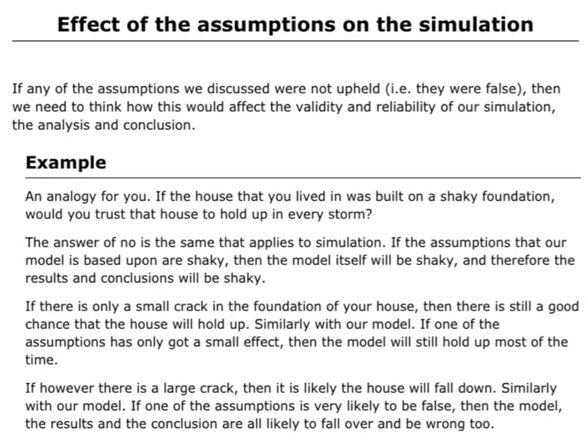Once we've looked at those assumptions and discussed them, we want to think about the effect of those assumptions. If one of those assumptions wasn't true, how is that going to affect our results? Think about the analogy of building a house.